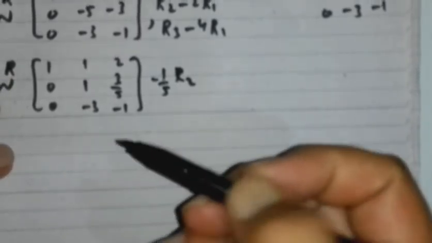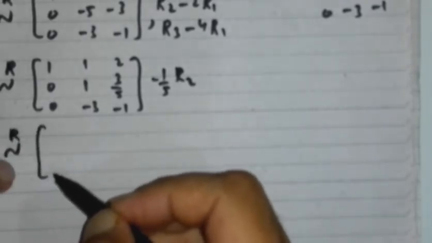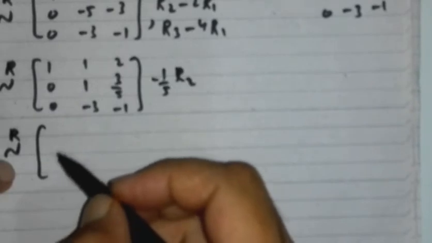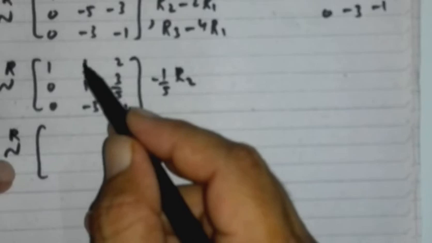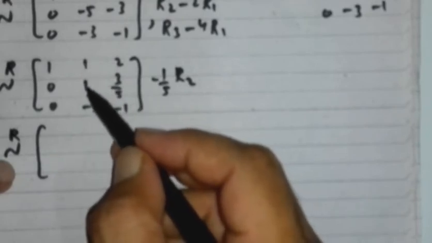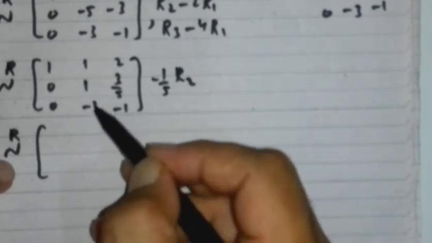Now in the next step, row operation: subtract row second from row first, so this will become 0, and add 3 times row second to row third, so this will become 0.